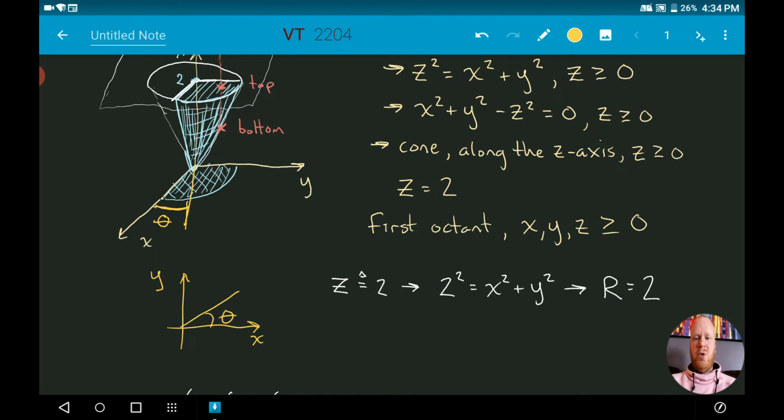So in this case, we're sweeping a quarter of a circle. This would be theta equals 0, and then that sweeps all the way up to here, which is going to be theta equals pi over 2. So we're sweeping that quarter of the circle.